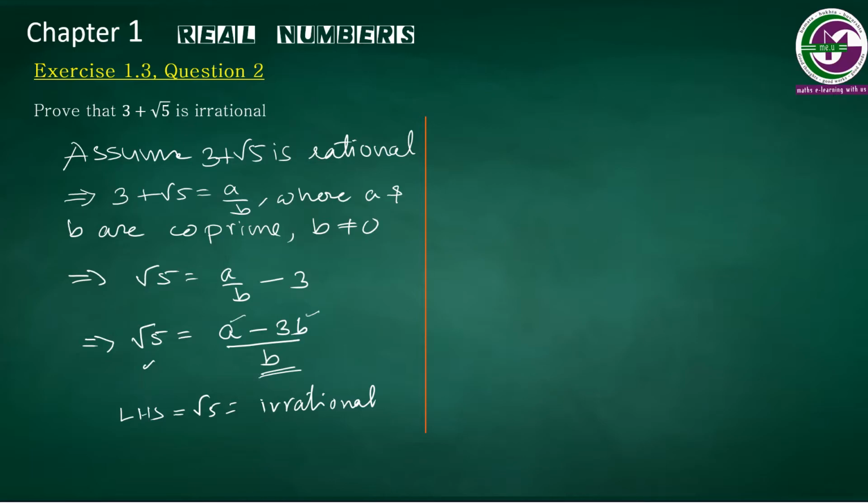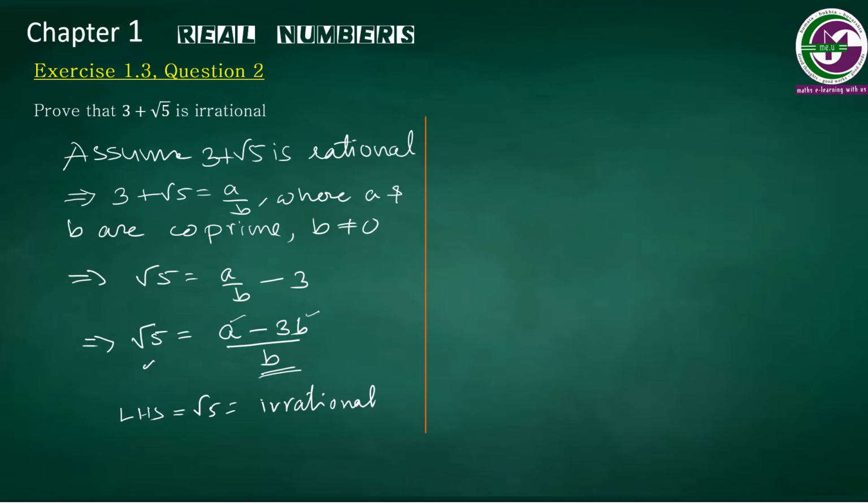On the right hand side you can see a, b and 3. These are the three numbers included in the RHS. a is an integer, 3 is an integer, b is another integer. Any operation on integers will result in a rational number only, because integers are rational numbers, and any operation on rational numbers results in a rational number only.